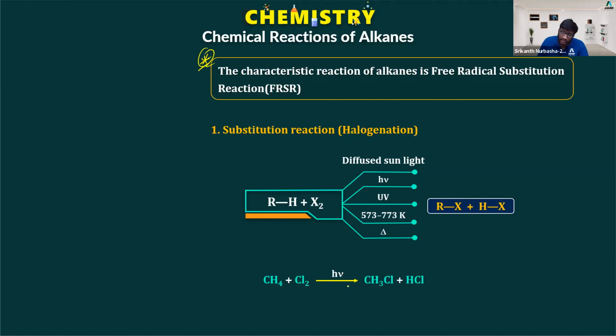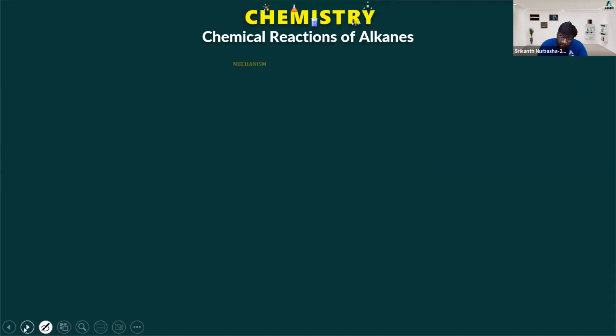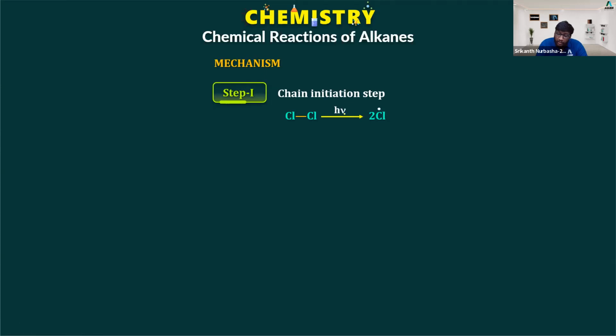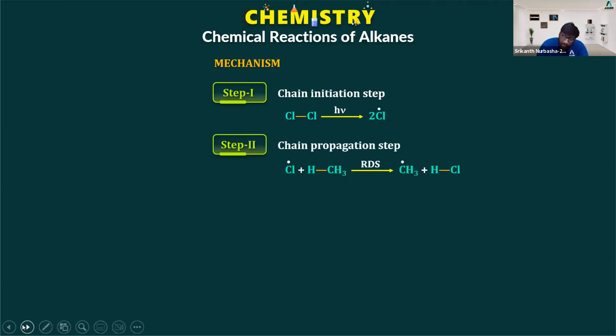CH4 plus Cl2 gives rise to CH3Cl plus HCl in the presence of sunlight. Mechanistic approach. Step 1, chain initiation step: Cl2 molecule, upon treating with hν, forms a Cl dot, chlorine free radical. Chain propagation step: Cl dot will try to pick up the hydrogen. This is nothing but the RDS, rate determining step.